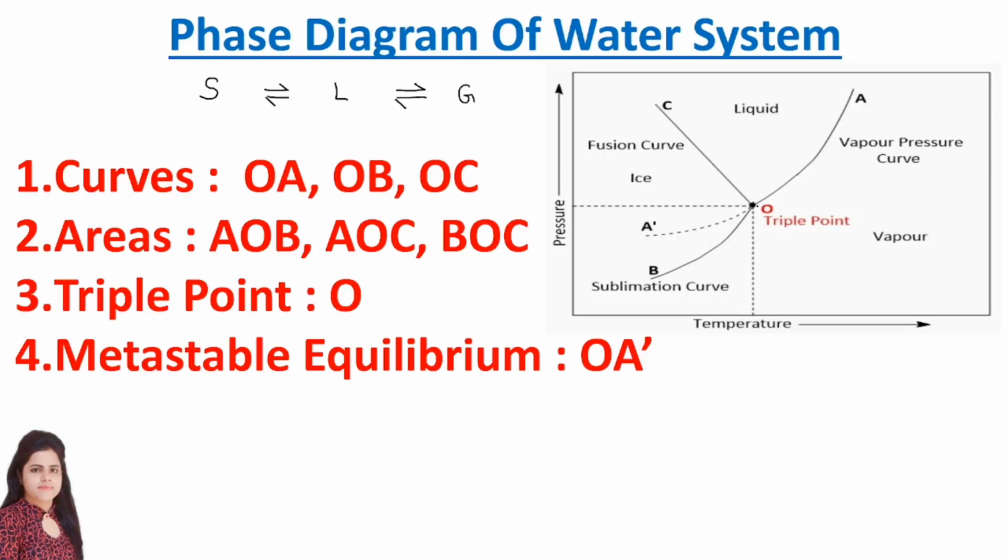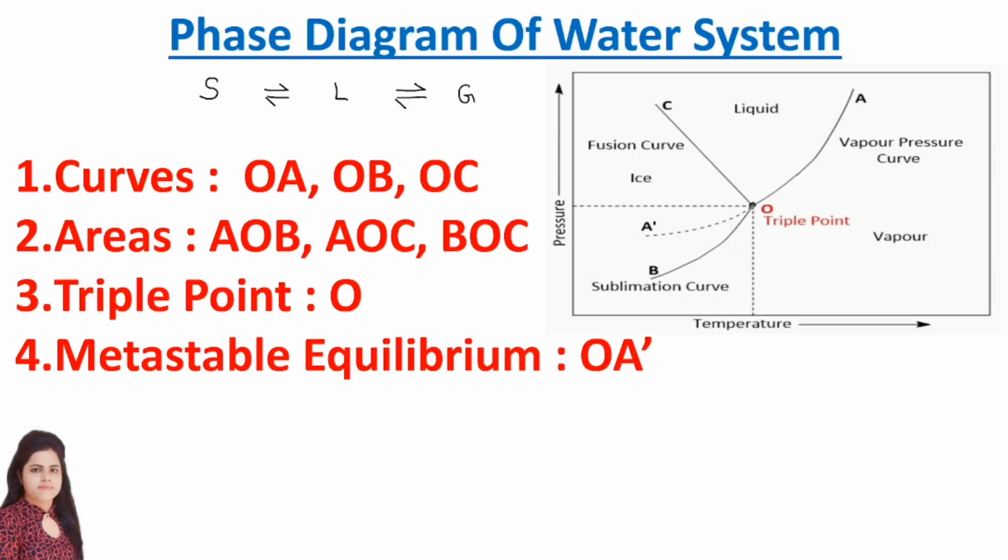First, we have these points: point A, point B, point C. These are the critical points of the states. Then we have the curve OA dash, metastable equilibrium, where water is present in the supercooled liquid state. Then the first curve, OA, is called the vapor pressure curve. Curve OB is the sublimation curve, and then we have curve OC.